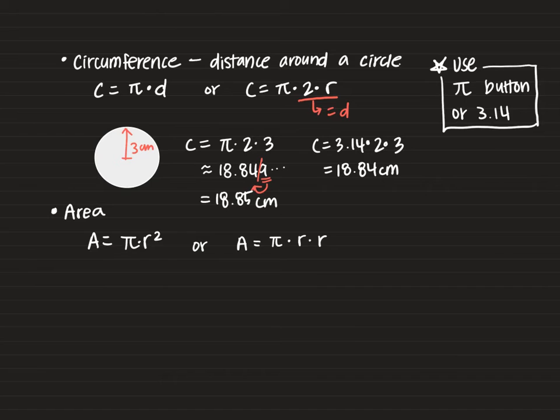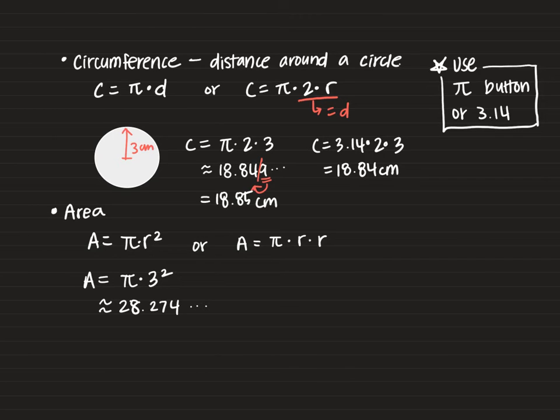So I'm going to use the same numbers from the previous example and try to find out the area. My area is going to equal pi times r squared, so I'm going to plug in 3 in the place of r, and then I'm going to do pi times 9 eventually. And when I plug that into my calculator, I am going to have 28.274, and then it also will have many more numbers going forever.